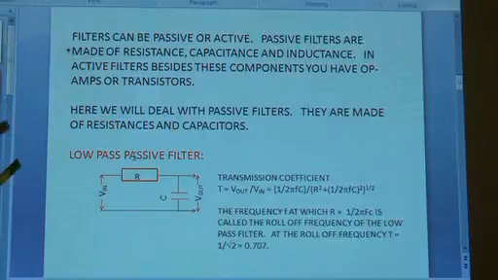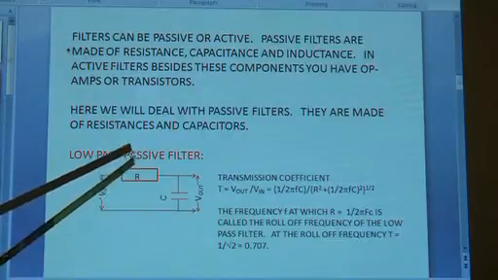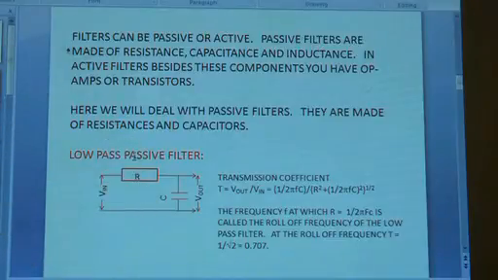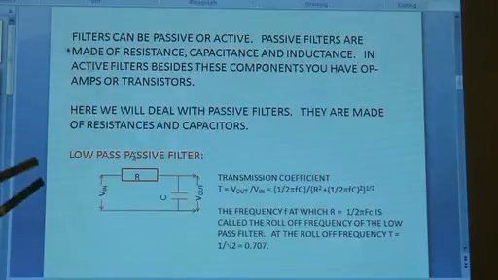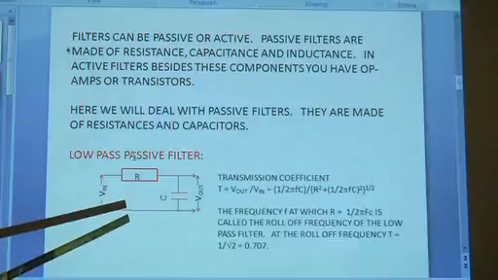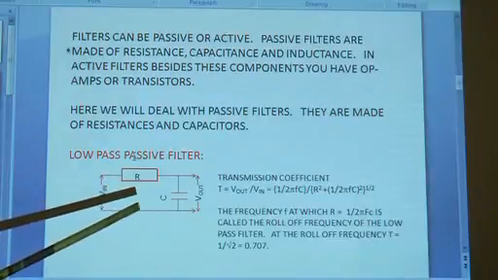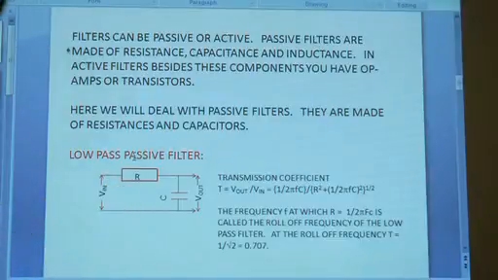So in a low pass filter, we have a resistance in series with a capacitance. The voltage is applied to the series combination and the output is taken across the capacitance.